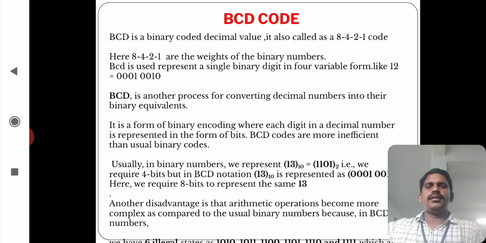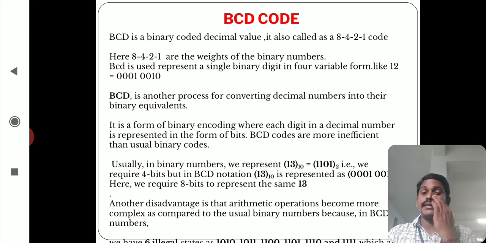The base of the decimal number system is 10. Another system is the octal number system, whose base is 8, because we use the values 0 to 7 to represent any number. And finally, the hexadecimal number system, whose base is 16, so we use 0 to 9 and A to F to represent numbers.